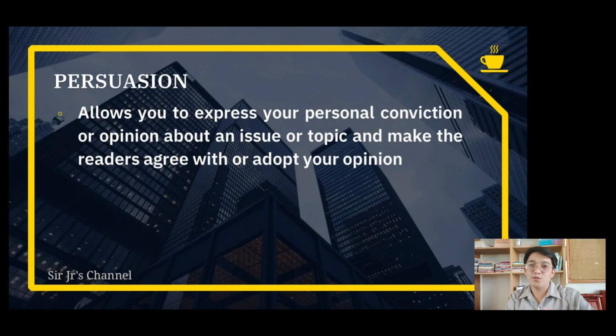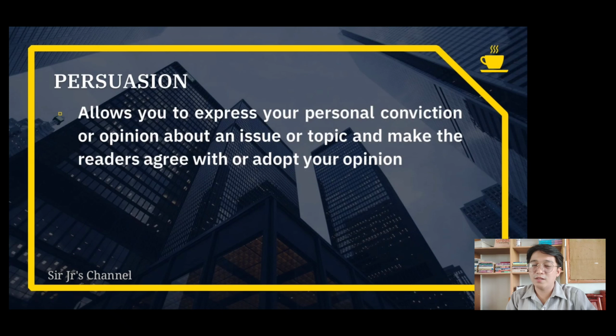In other words, you're trying to get them on your side and make them believe that what you're fighting for, what you stand for, is the right thing to do. Eventually, after reading your text, they will be on your side supporting your claim.